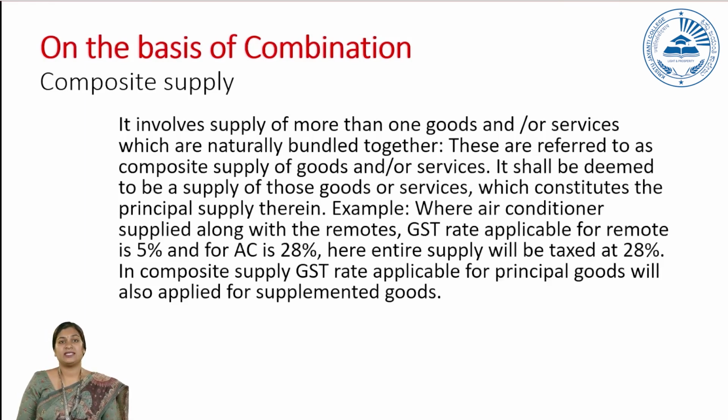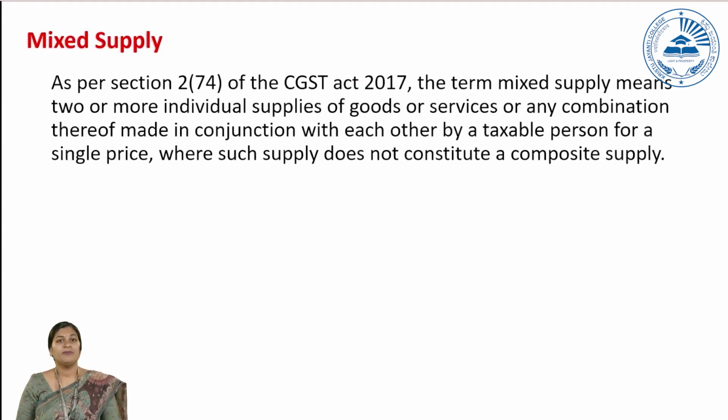Moving to the mixed supply. It's another type of supply on the basis of combination. Mixed supply means two or more individual supplies of goods or services, of different kinds which are not naturally related, sold together. For example, in a festive season we will be selling goods which we can give as a gift.